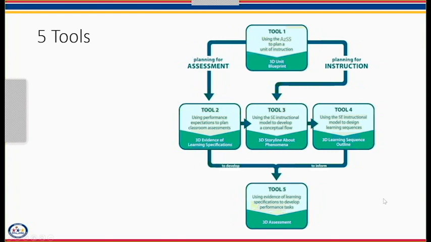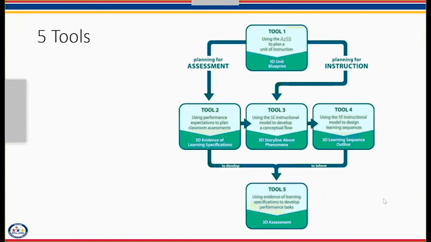Before we start with Tool 1, I'm just going to go over the whole process with you. We are going to start with Tool 1, which is using the Arizona Science Standards to plan a unit of instruction, and we are going to make a 3D unit blueprint. The second tool is going to start the backwards planning process where you write evidence of learning specifications, and that's going to get you to see what the student should know and be able to do by the end of the unit. It's not the full assessment, it's just an idea that you have in mind, the end goal, where students should be.